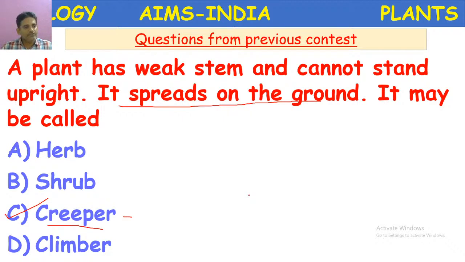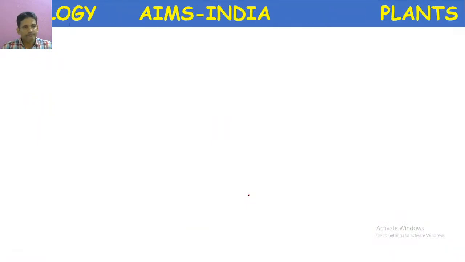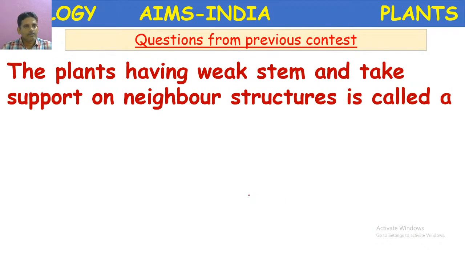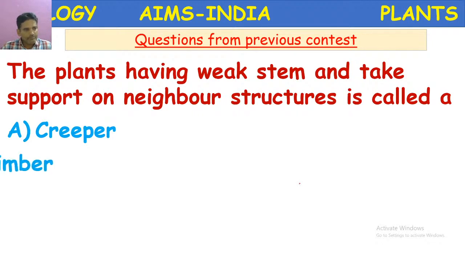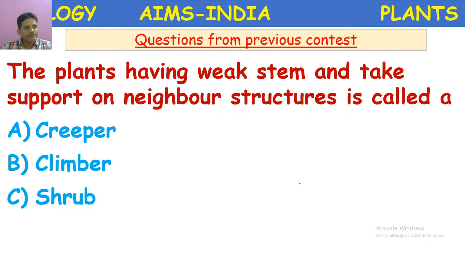Let us proceed to question 2. The plants having a weak stem and taking support on neighboring structures are called a creeper, climber, shrub, or herb?